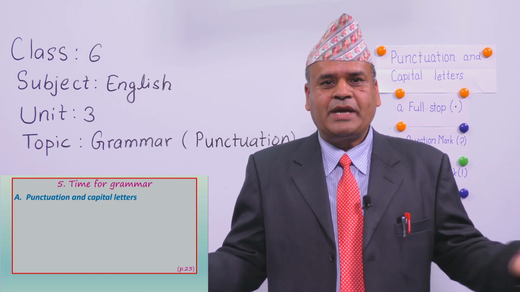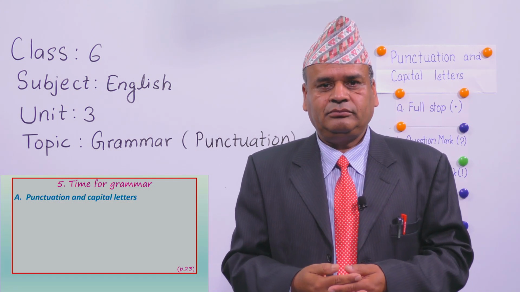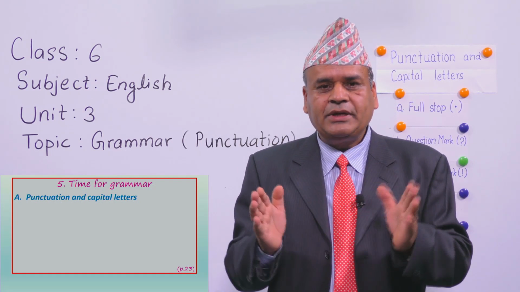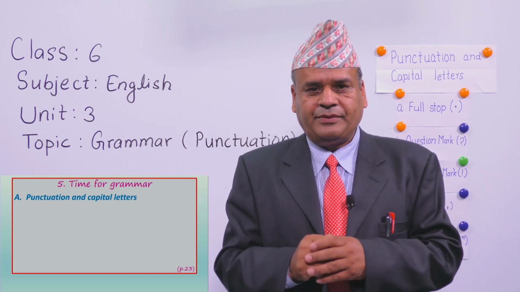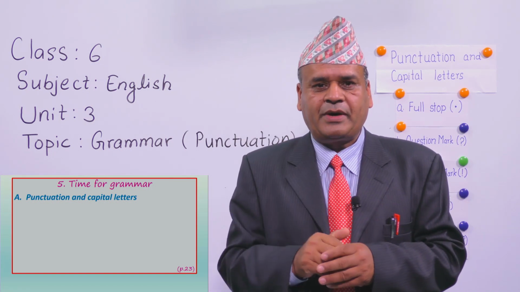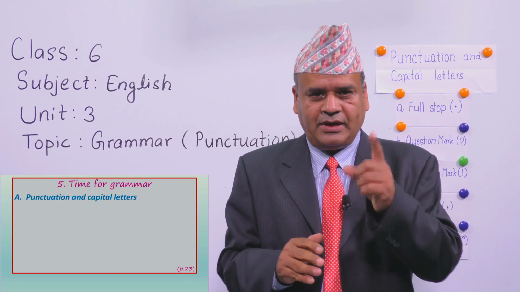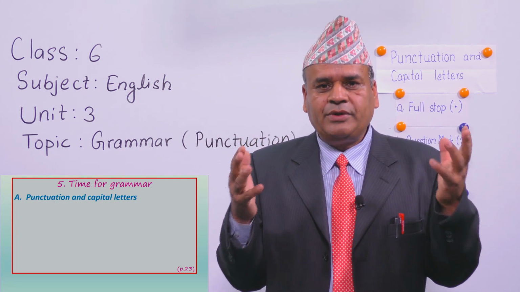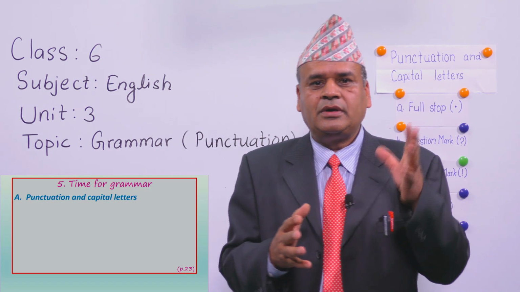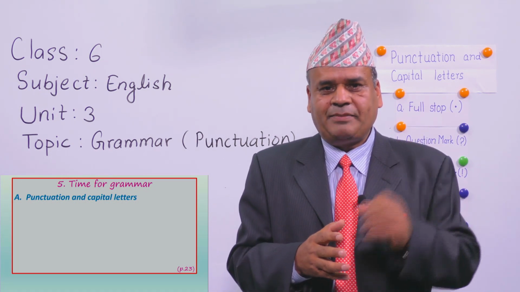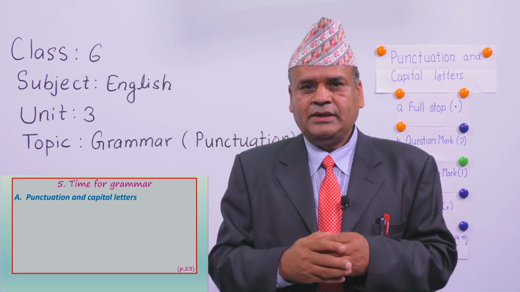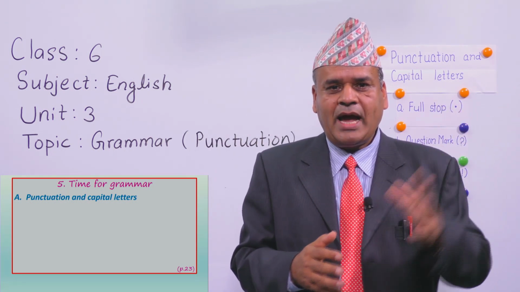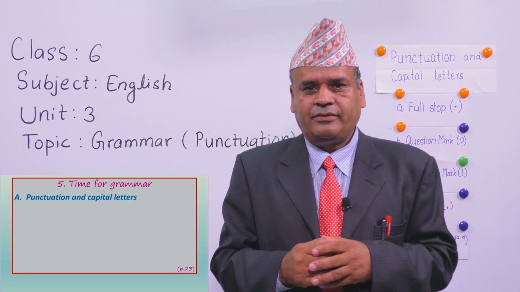So where to use capital letters then? Right? We use capital letters especially with the proper noun. The first letter of the proper noun is a capital letter. For example, your name. Suppose your name is Prakash, P is capital. Your name is Nita, N is capital. Right? Your name is Pemba, P is capital. Right?